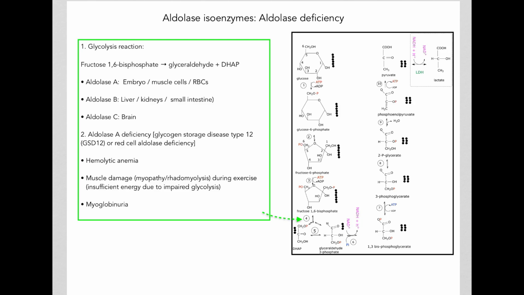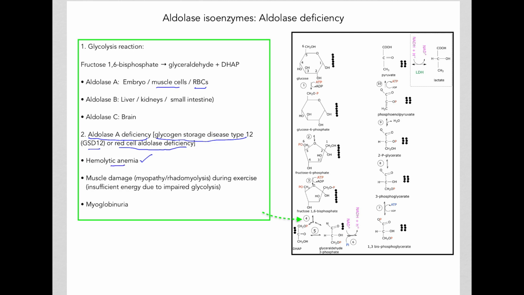So in the case of this genetic disease, aldolase A deficiency, also called glycogen storage disease type 12, GSD12, also called red cell aldolase deficiency, because A is found in muscle cells and red blood cells, what we see is hemolytic anemia.